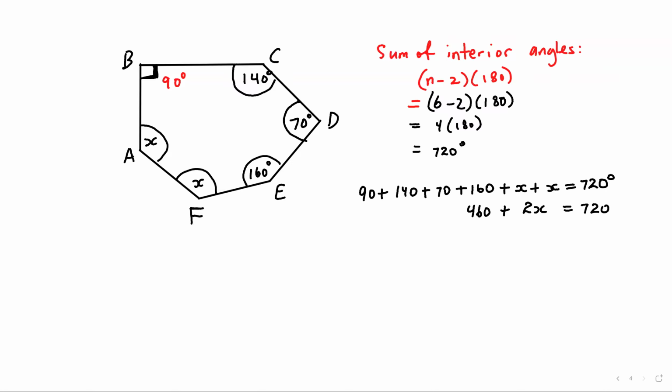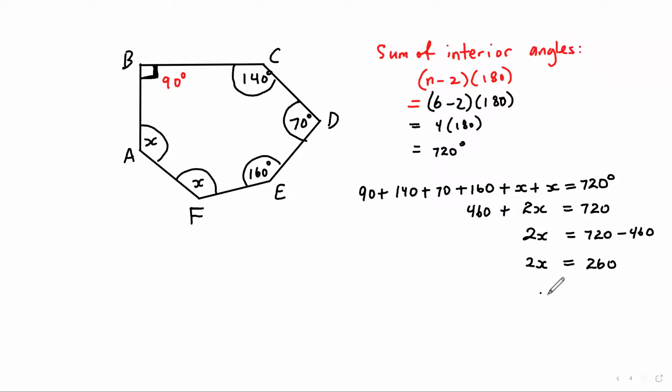So therefore, 2x is equal to 720 minus 460. 720 minus 460 is 260. So 2x is equal to 260.